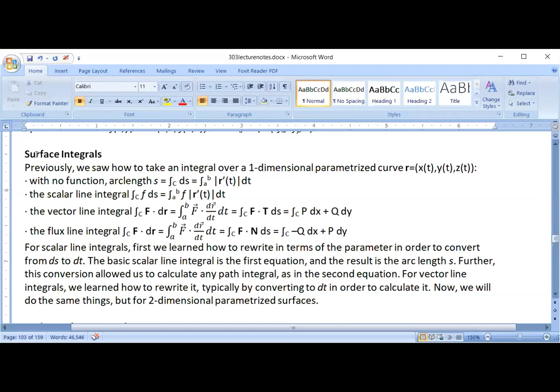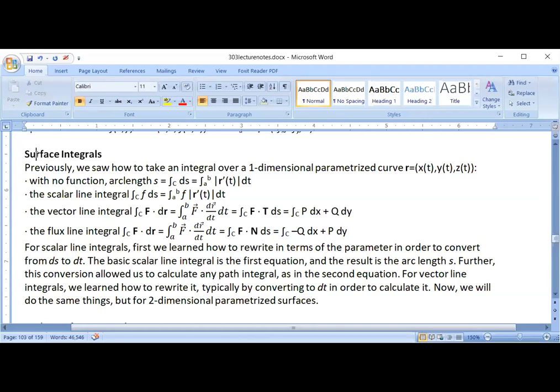Okay. Next, we talked about the vector line integral. So that was the integral over the curve of some vector field F dot dr. And written out parametrically, it would look like this: the integral from a to b of vector F dot dr dt times dt, or written out using ds, it would be the integral over the curve of F dot the unit tangent vector T ds, or written out in coordinate form, it'd be the integral over the curve of P dx plus Q dy.